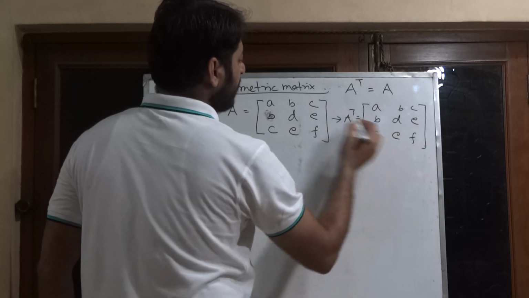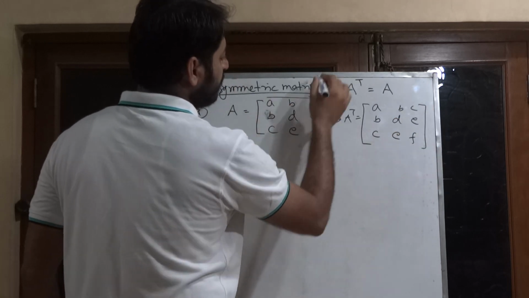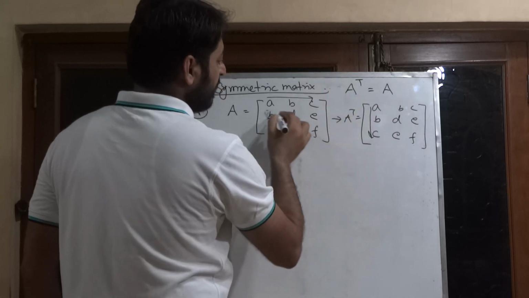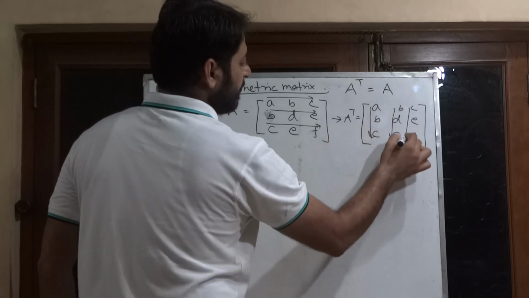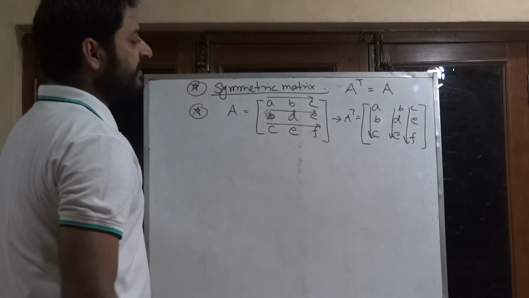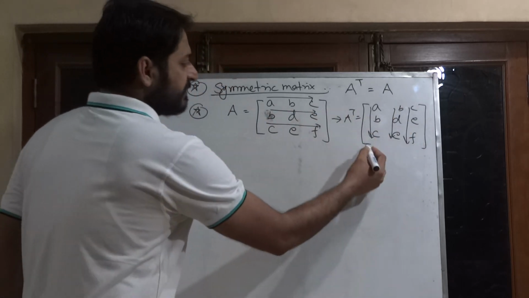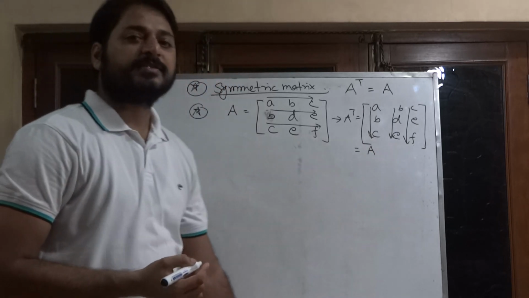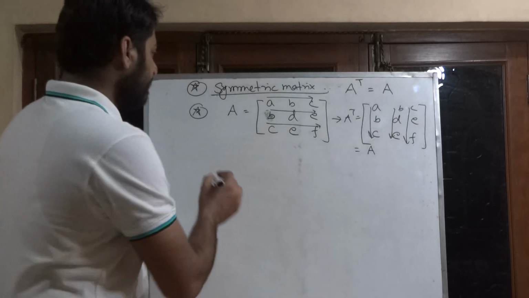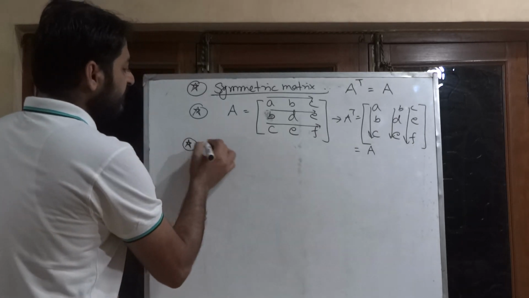That is, if you write its rows as columns, you will again obtain the same matrix as it was before. So A transpose is equal to A, and A is known as a symmetric matrix. With this, next comes the skew symmetric matrix.